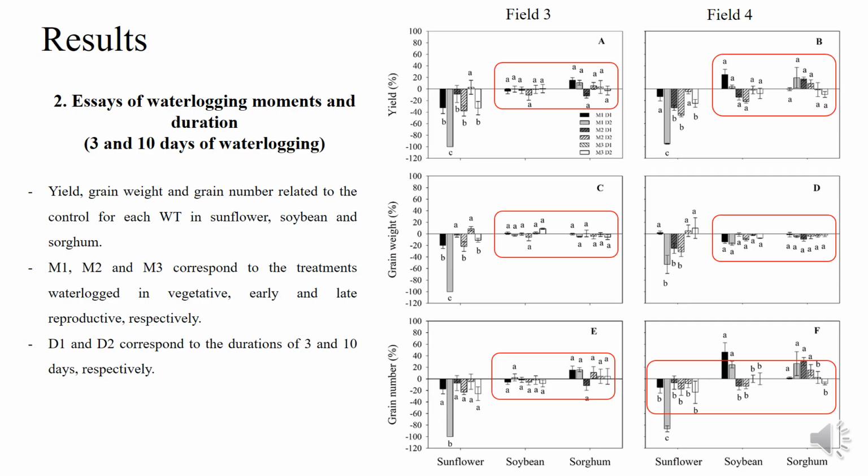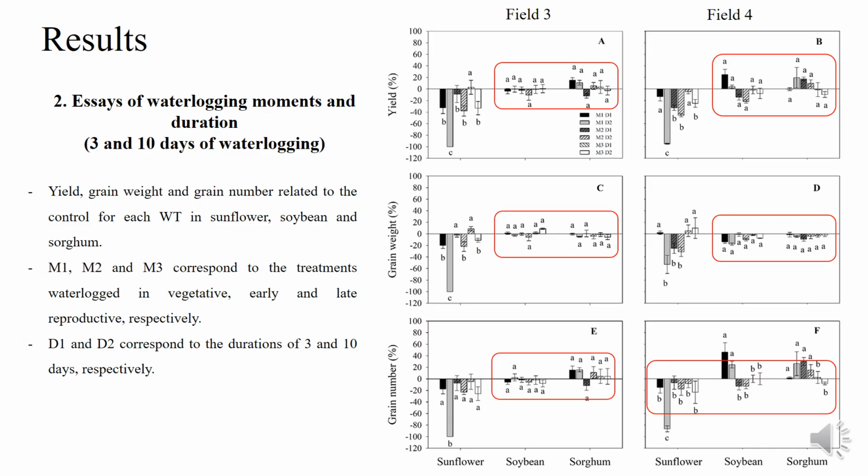Now we can see the results from the assay of waterlogging moment and duration treatment. In these cases, we evaluate 3 days and 10 days of waterlogging. This bar chart shows similar results to the experiments that we saw before, but in this case, we have two durations for every moment of waterlogging.